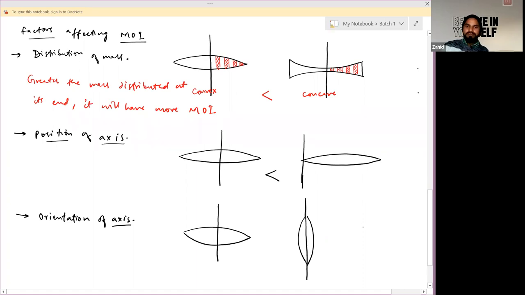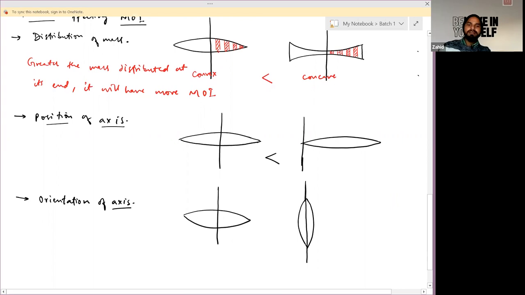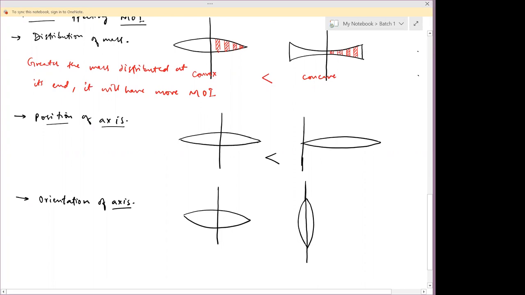So in which case do you feel it will have more moment of inertia, first or second? Salman? The first one. Good. First one.